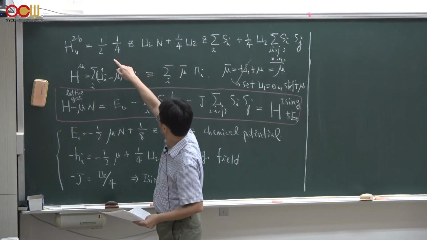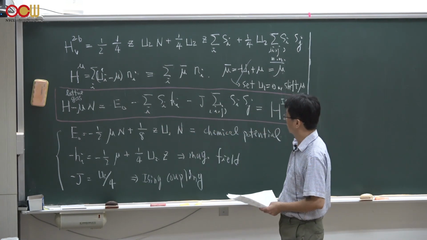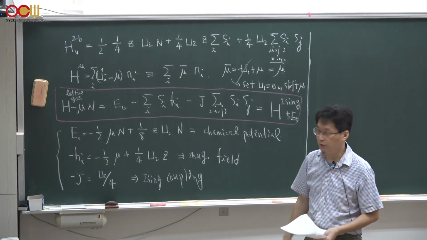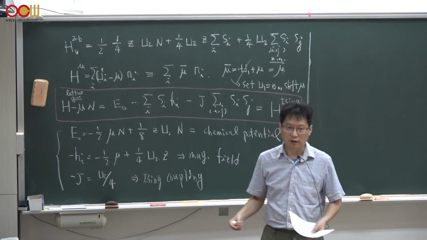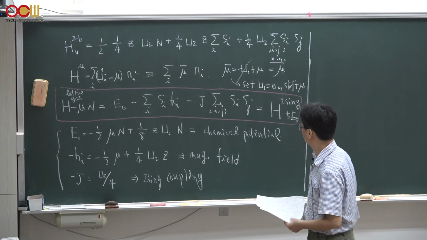So just a moment ago, we arrived at such a potential term in terms of the spin degrees of freedom, or pseudo spin degrees of freedom, by mapping the occupation variables onto a pseudospin, up or down, or plus or minus 1 degrees of freedom.